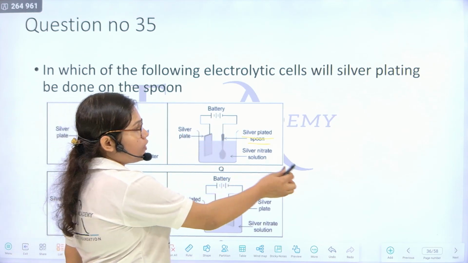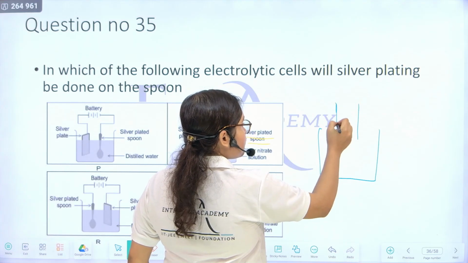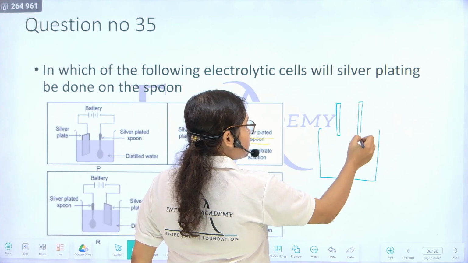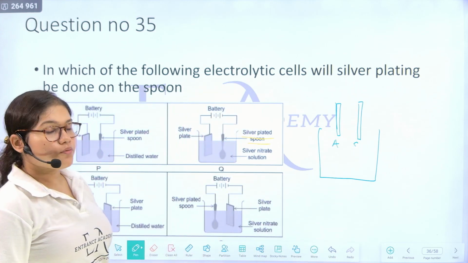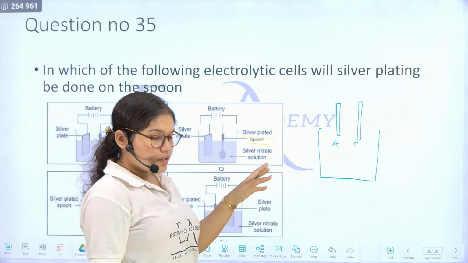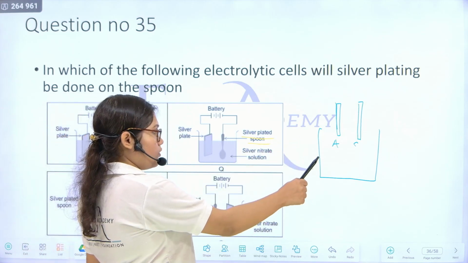If this is the cathode and this one is the anode, then the substance you have to silver plate should be placed at the cathode, like the silver spoon.